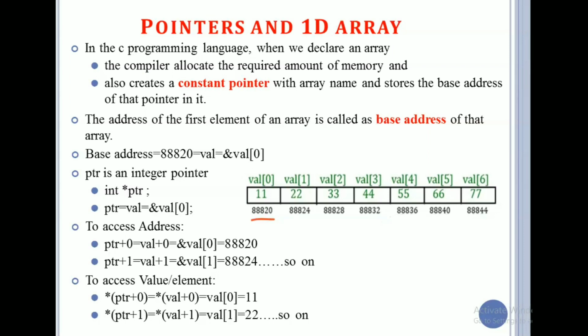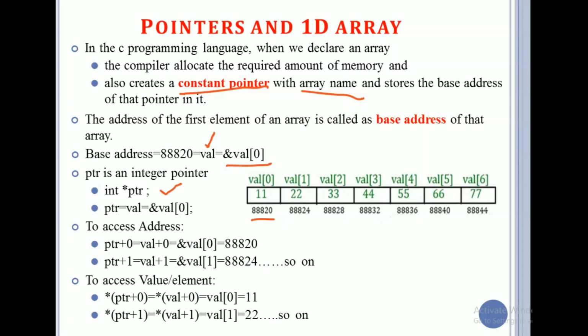Now this base address itself can be named VAL, because we already saw that a constant pointer is created by the compiler whose name is the same as our array. So this 8820 value I can access with the help of the array name, or I can access it as address of VAL of 0, that is, the address of your first element. Okay, so now I want to declare a pointer for this array. I have just declared one integer pointer, int *PTR.